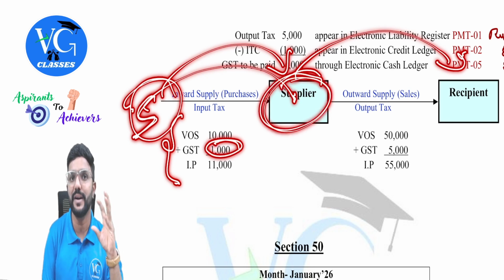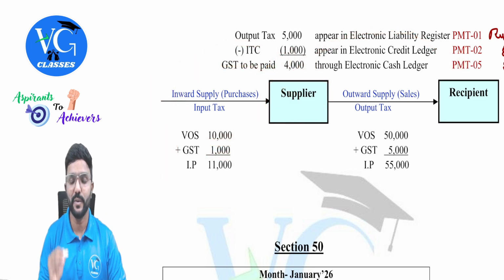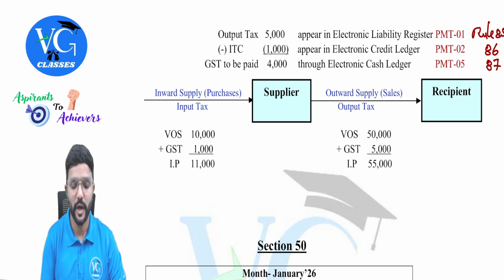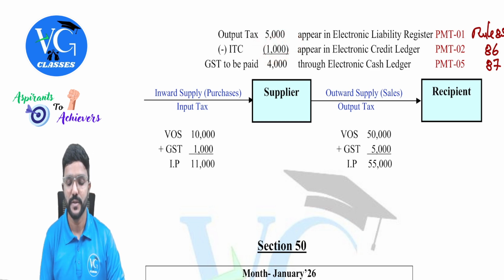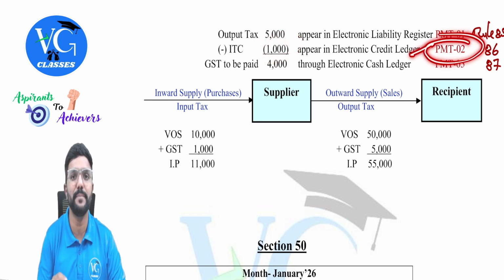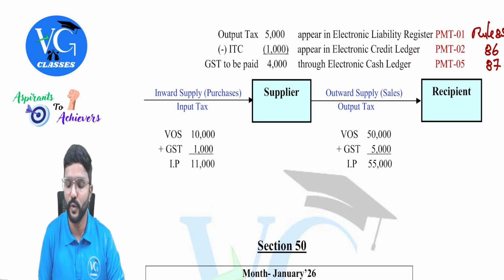Whereas for this guy who is the recipient of the inward supply, it is an input tax. So it will auto populate in his electronic credit ledger. How much is that? 1,000 rupees. So the electronic credit ledger is maintained in PMT 02 as per rule 86, guys.